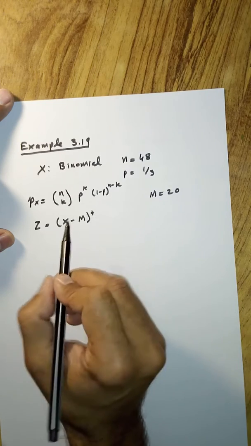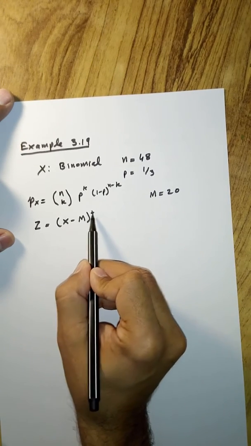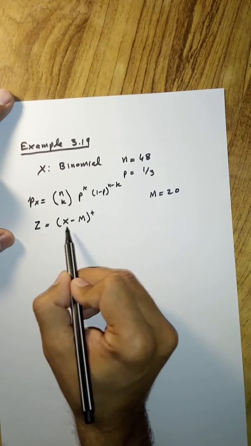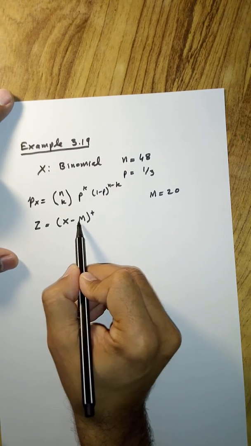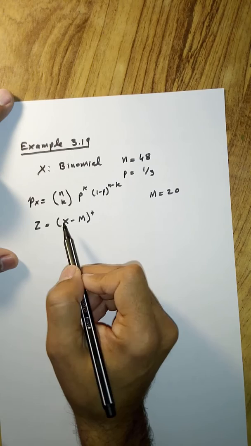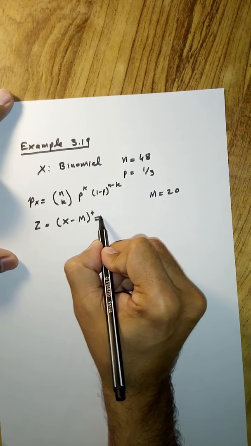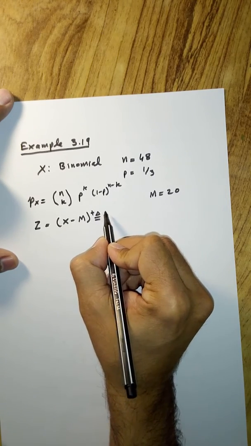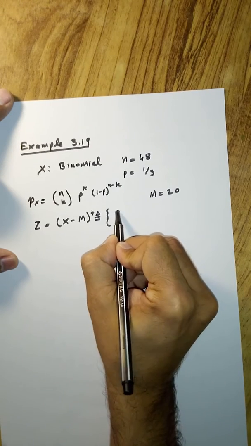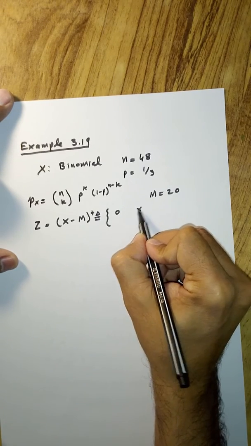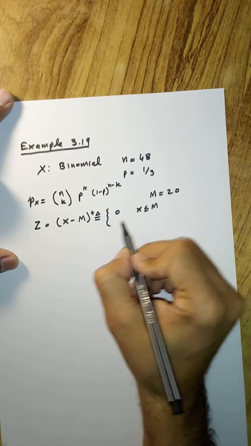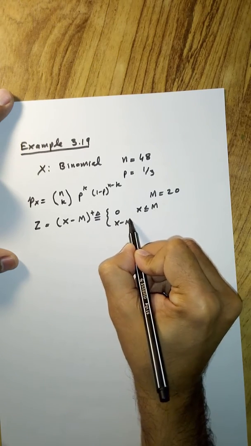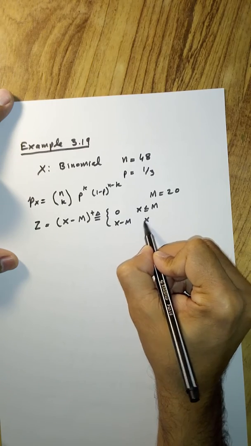Whenever x is more than 20, the plus means only the positive values of this number. So if x is less than m, x minus m will be a negative number, and z gets 0. So by definition z equals 0 whenever x is less than or equal to m, and equals x minus m whenever x is greater than m.